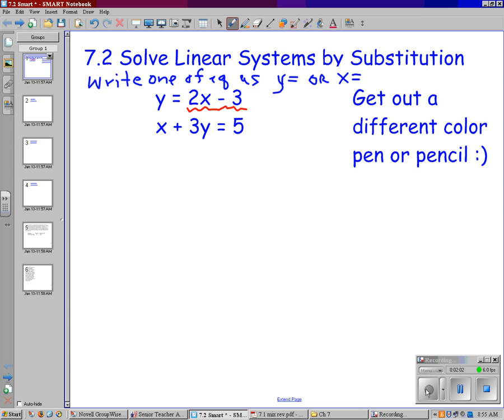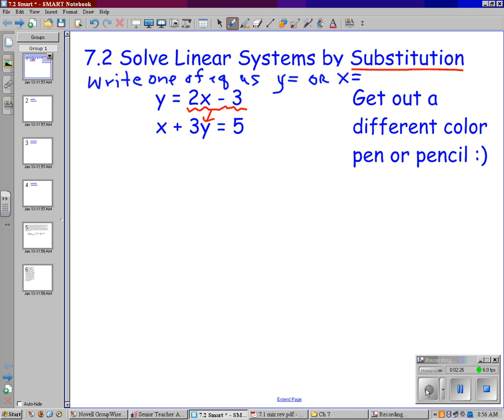Y is equal to 2x minus 3. And what we're going to do is substitute that in for y in the other equation. We're going to substitute what y is equal to in for y in the other equation. That's why this is called the substitution method.